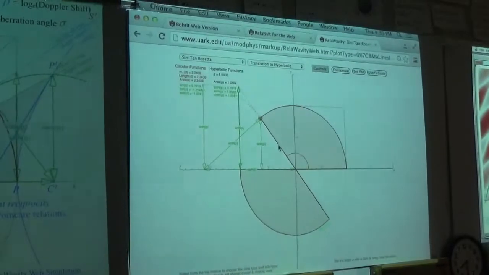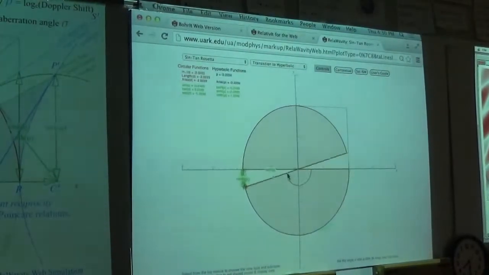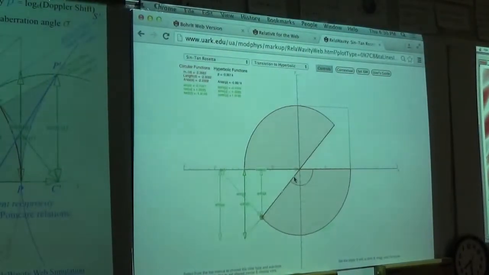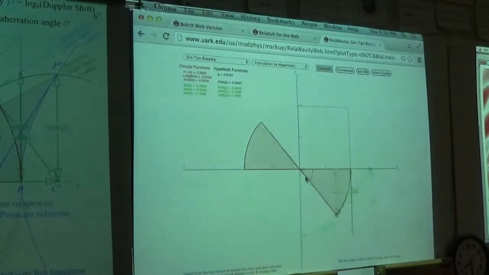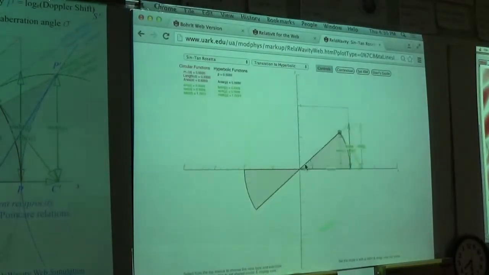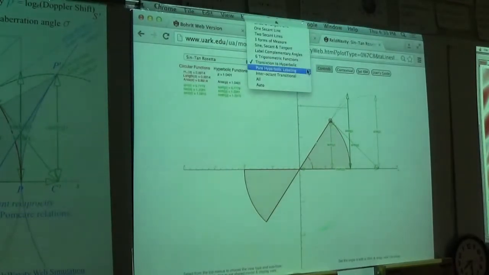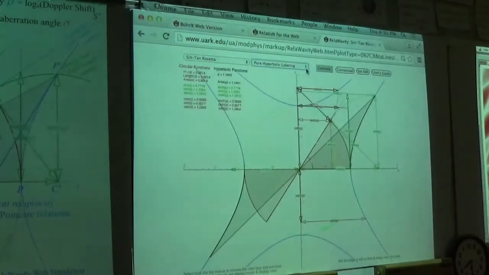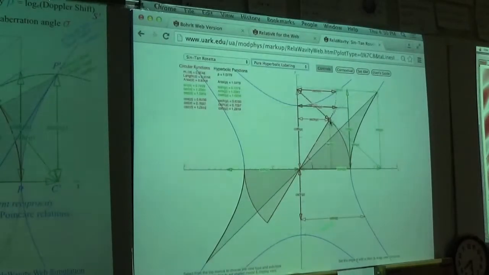You can make it on this side if you want. If you want to do some antiparticle work, you want to make it on this side. All your antiparticle stuff is down here. We won't talk too much about that, but that's what it is. That's negative time. Those are counterclockwise phasors down there. What this one lets you do is go ahead and put all of the stuff up there pretty nicely.